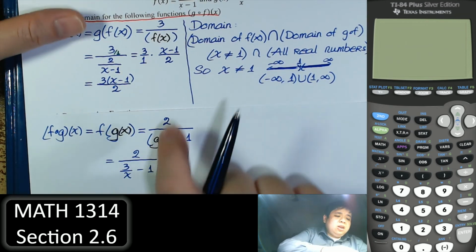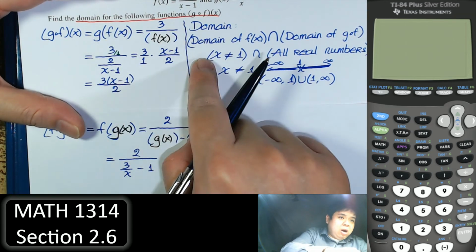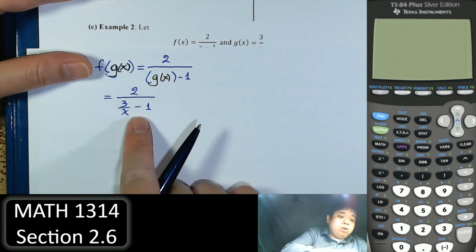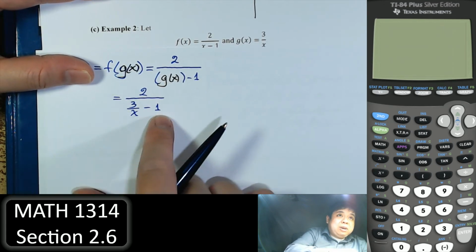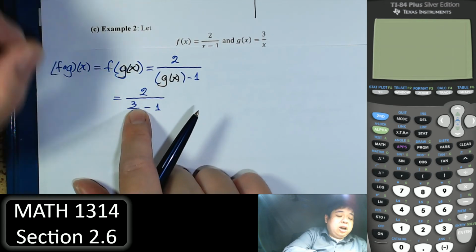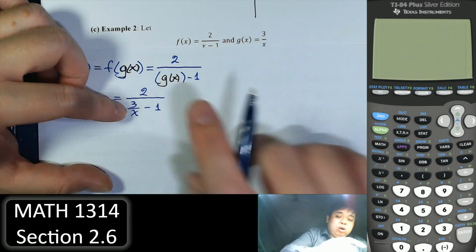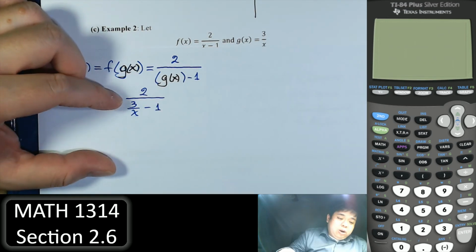One way we do that is just multiply the reciprocal. Here we can also do that, but we have to combine this into one big fraction and then multiply the reciprocal. Or we can also do this.